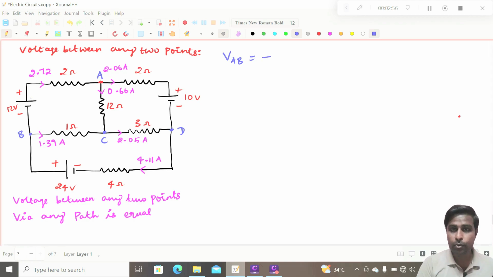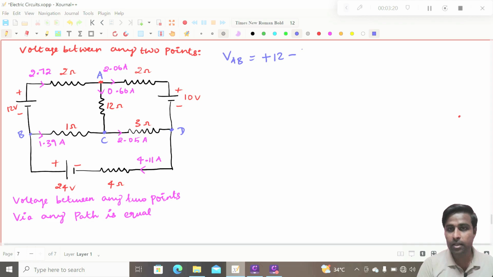You have to put plus 12, and you see you are going in the same direction as the current. If the current direction and the direction we are going is the same, we have to put minus here. We have to put minus 2 into 2.72.